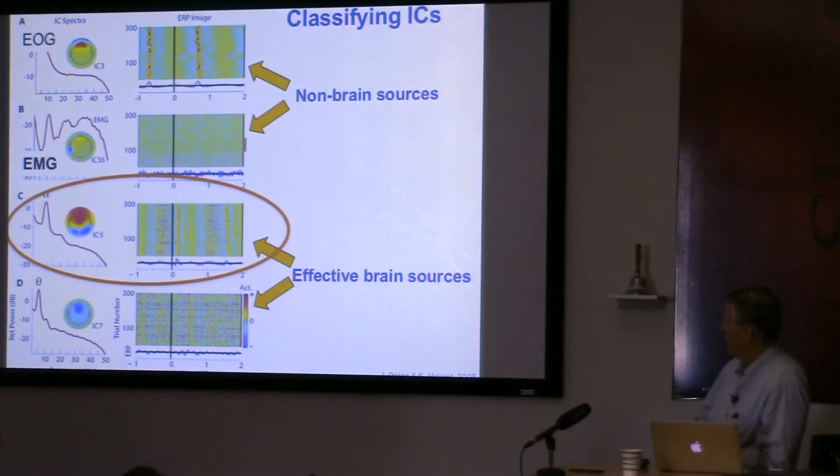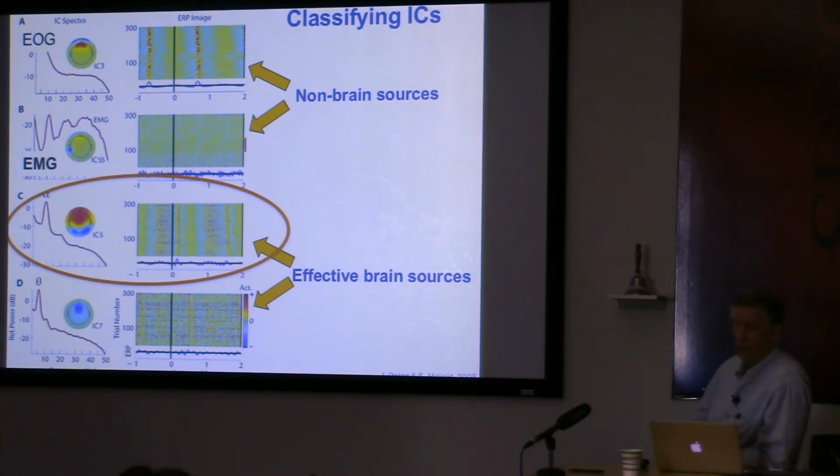Here is clearly a brain source. This is again the bilateral occipital. And you see a very strong alpha peak in the spectrum, and very orderly trial-to-trial replicability of the dynamics.